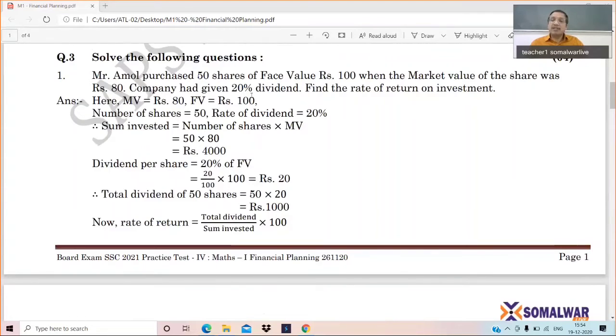For one share, the dividend received is rupees 20, which is 20% of the rupees 100 face value. So dividend received 20, sum invested 80. 20 upon 80 into 100% also gives 25%. See, the rate of return is expressed on a percentage basis.